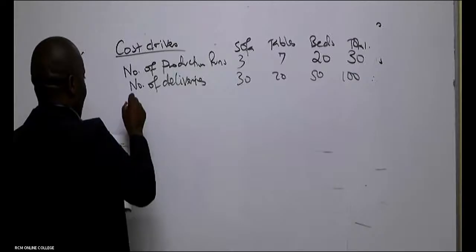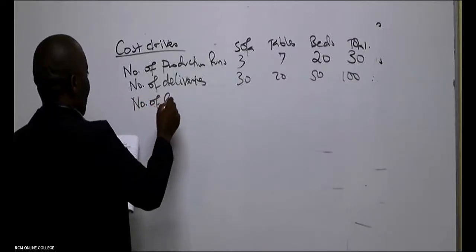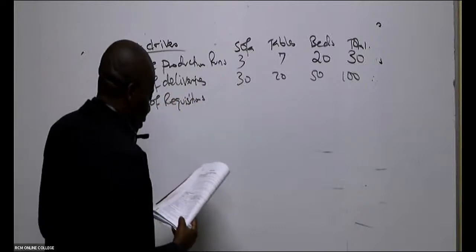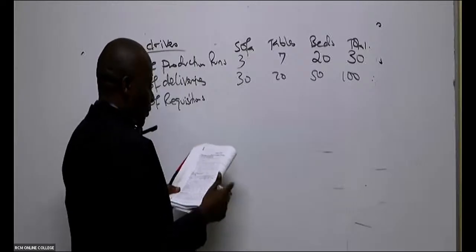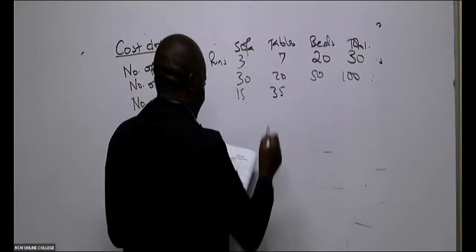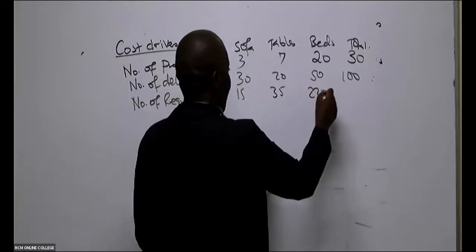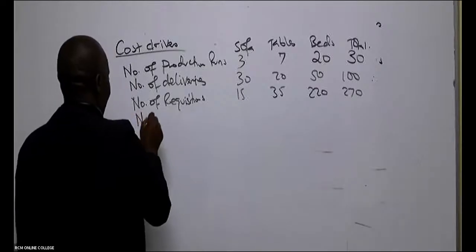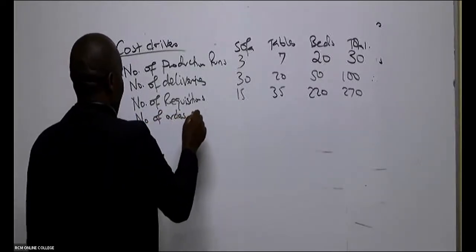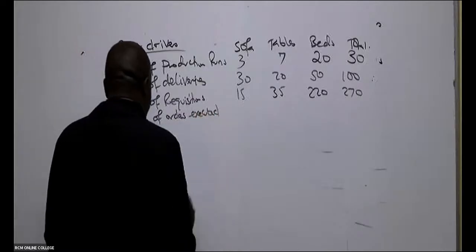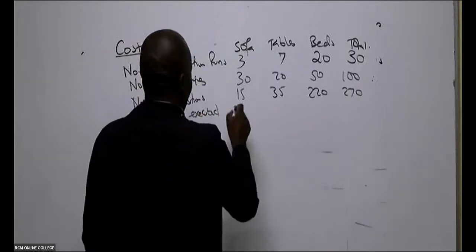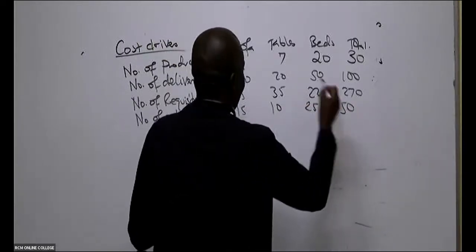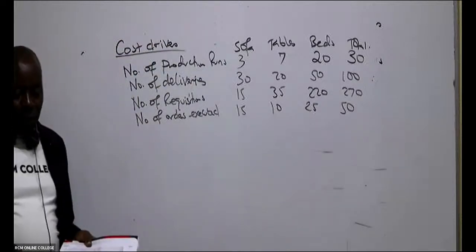Then number of requisitions: 15, 35, 20, giving us 270. Then number of orders executed: 15, 10, 25.